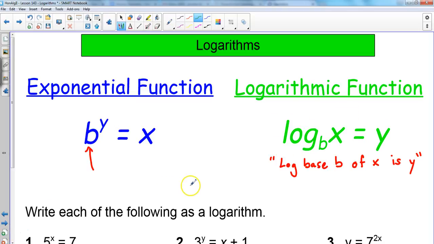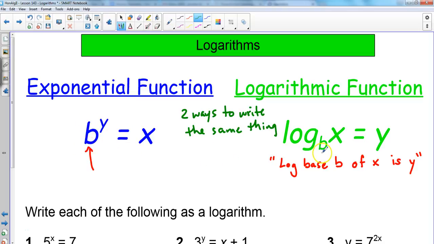A couple things that hopefully we can recognize from this is really just two ways to write the same thing. This logarithmic form is just another way to write this exponential function. And notice we have log, and this is a subscript b. This is the base that we're raising to a particular power. So b, it's the same b over here.